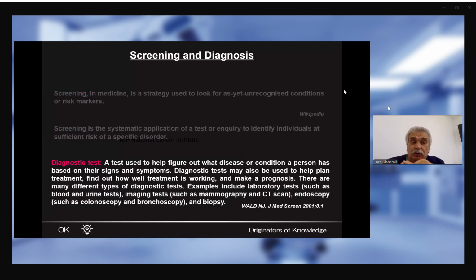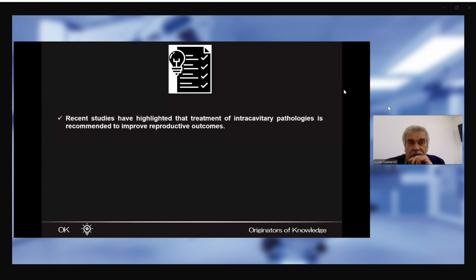And this has nothing to do with a diagnostic test. So we should stop, in ART, calling hysteroscopy a diagnostic tool, and go for a screening of our patients.